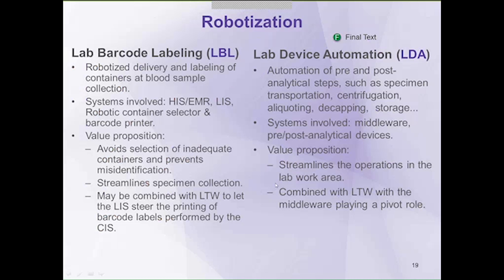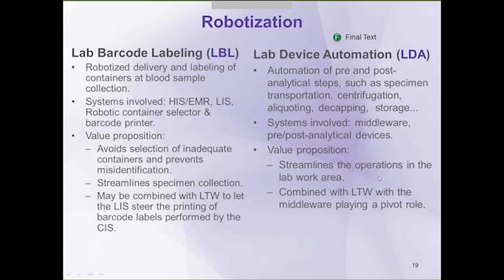Then we're strictly in the laboratory area, so this is within the lab. We can have robotization, automation, basically where we deal with barcode labeling, and we can deal with sending data from instruments, as well as moving specimens through the laboratory and preparing them for testing with lab device automation.